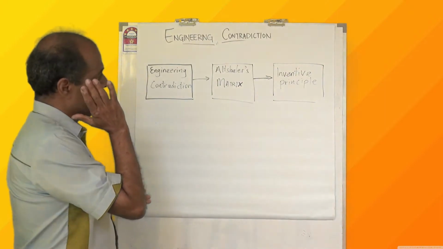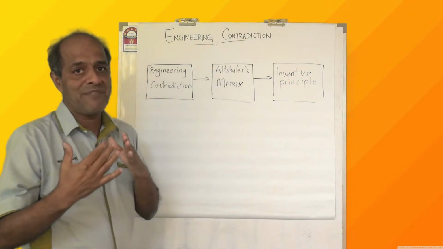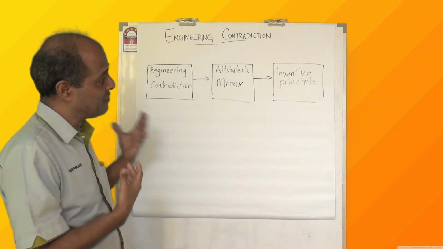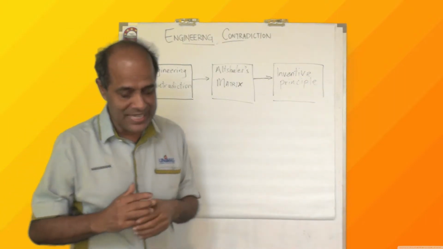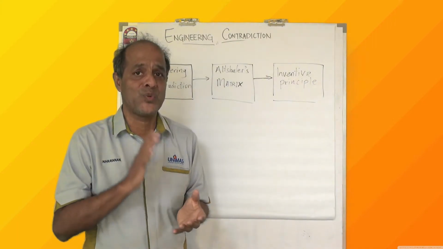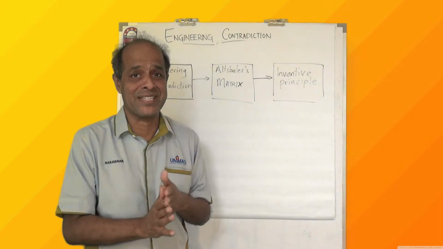And in selecting the principle, we have actually resolved the contradiction by just referring to a knowledge base. And the knowledge base here comes from the extensive study that Altshuller did in looking at hundreds of thousands of patents.